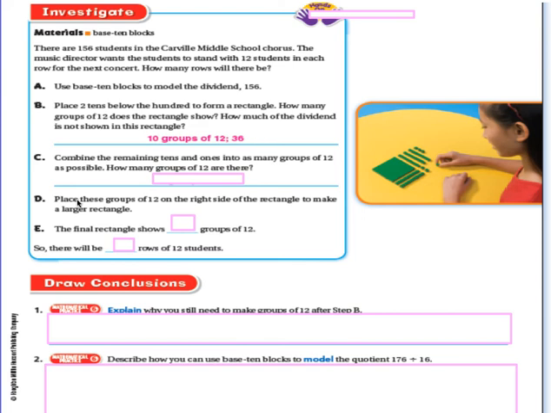Because when I counted this way, before I started, I had 10 groups. How many groups are there? There were 3 groups of 12 left over when I added them on. So 10 plus 3 is 13 groups of 12.